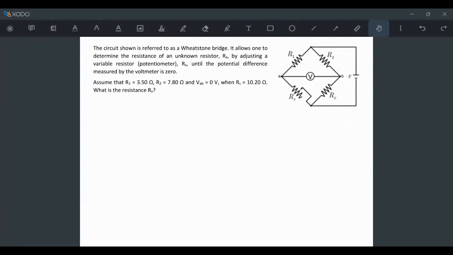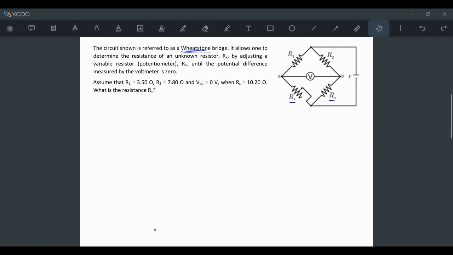So for question 2, what we're told is that the circuit provided here on the right is referred to as a Wheatstone bridge. It's a real circuit, for general interest if you want to read about it more on your own. One of its functions is it allows us to determine the resistance of an unknown resistor, Rx, by adjusting what is referred to as a variable resistor. That's the Rs over here.